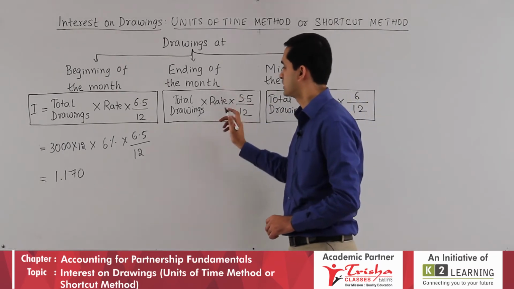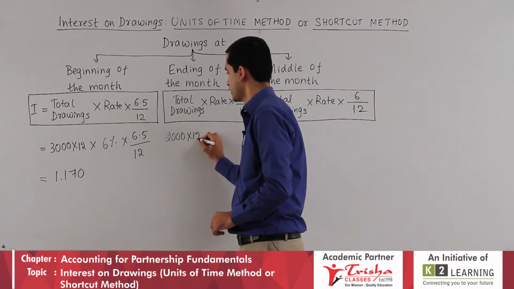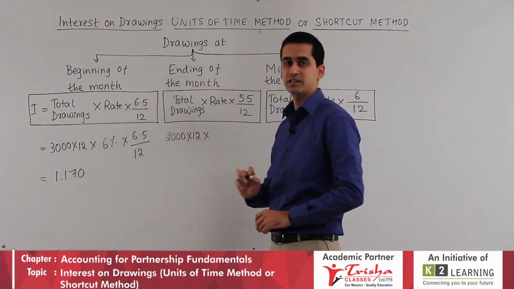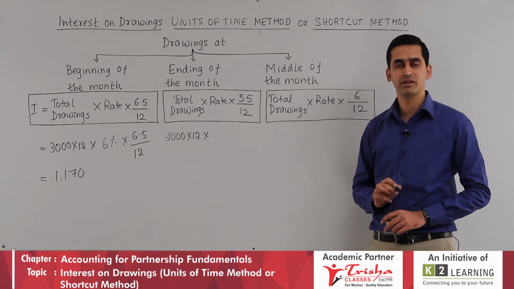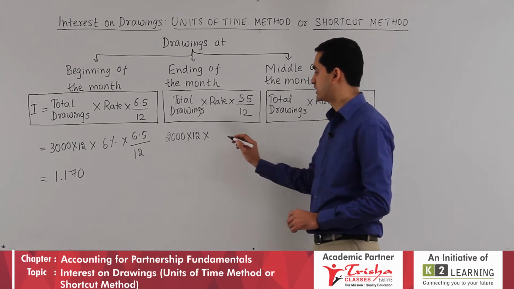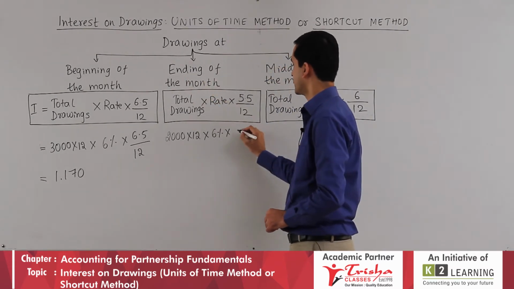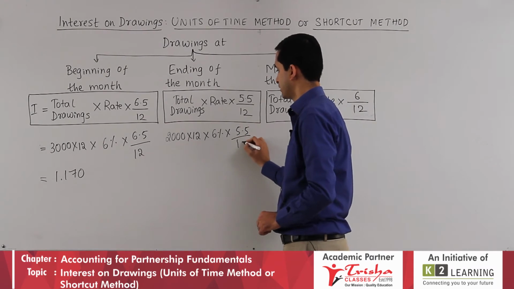Next, Rakesh has withdrawn 2000 rupees at the end of the month. That means it comes under this category, 2000 multiplied by total drawings. Therefore, I should multiply that with 12 months because it is given in the question that he has withdrawn for all the months. Rate of interest remains same, 6%. As it is end of the month, I should do 5.5 divided by 12.